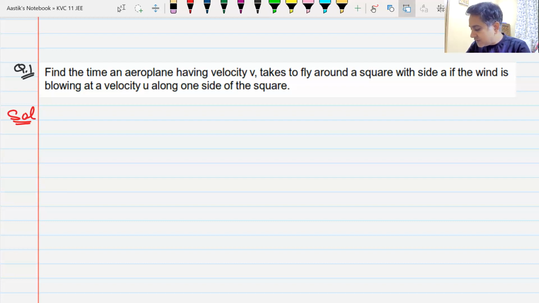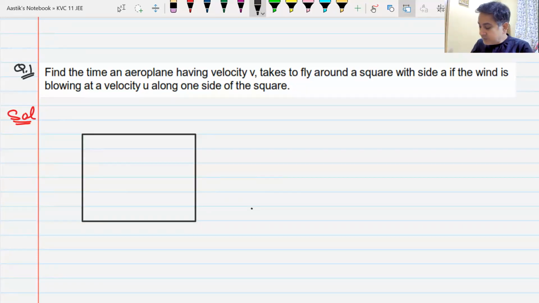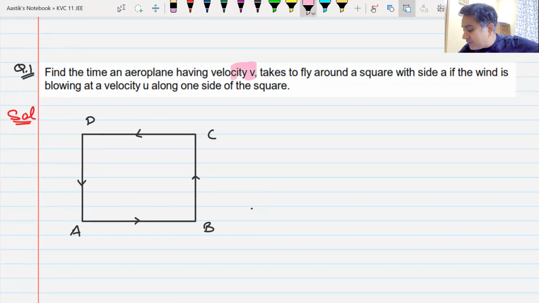This is my square, and I have to go from A to B to C to D and back to A. There would be an aeroplane that has to go from A to B, B to C, C to D, and D to A. The airplane can move with a velocity v.